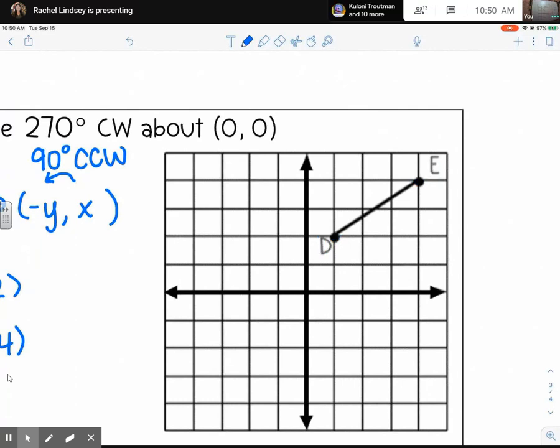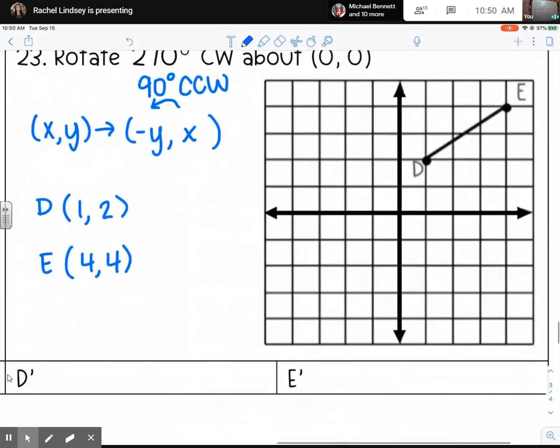Okay, so I'm going to flip those and change the sign of the original y. So what is my D prime? Negative 2, negative 2, positive 1. And then what's E prime? Negative 4, positive 1.